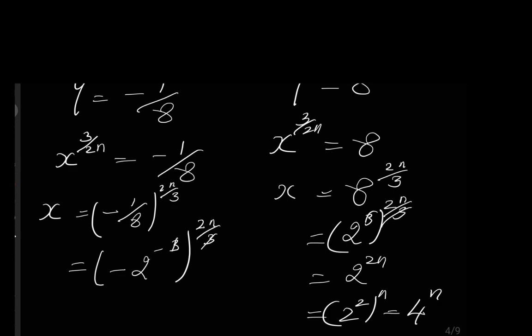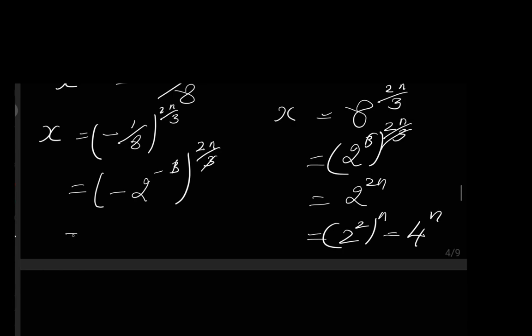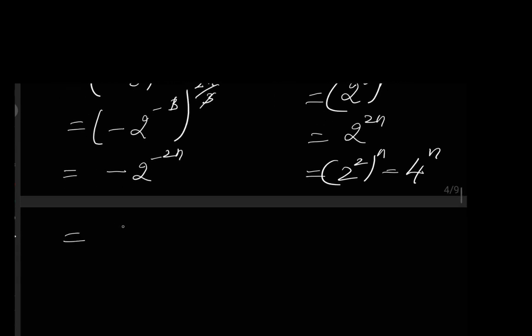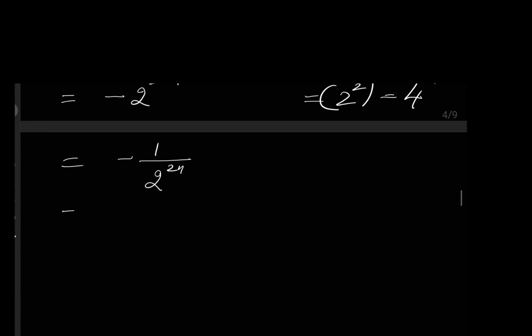So 3 gets cancelled. You will get here 2 power minus 2n. So let me make it as 1 by 2 to the power of 2n. So this is equal to 1 by 2 the whole square, the whole power n.